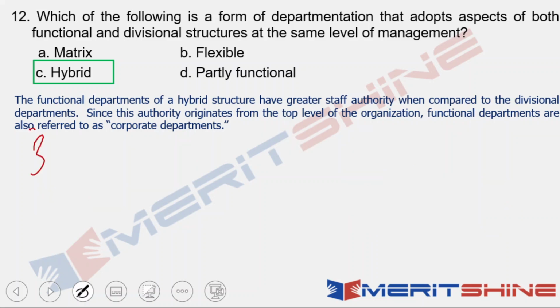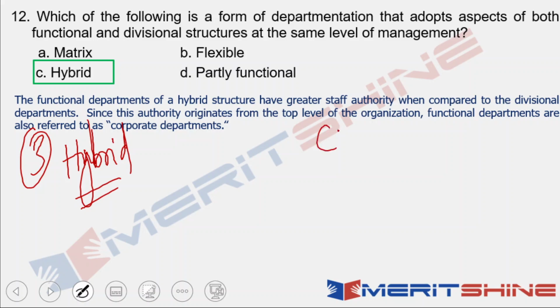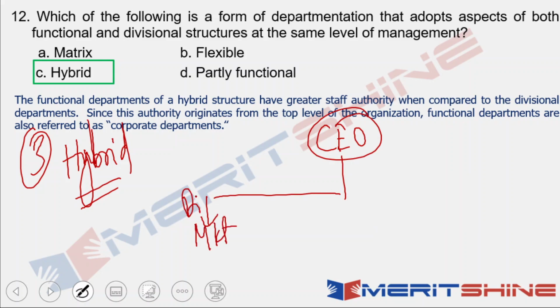Now comes our answer, that is hybrid. What is hybrid? Hybrid structure, my dear friend, is sort of like this. Let's say this is CEO. Now there is VP or director marketing, then director HR, then director finance.